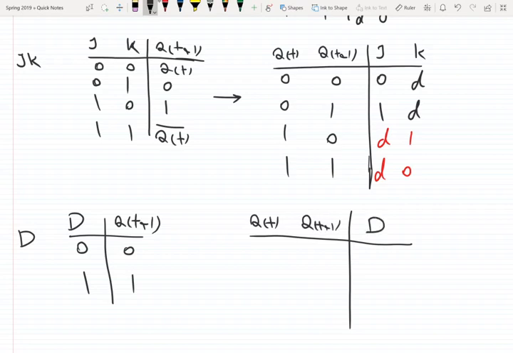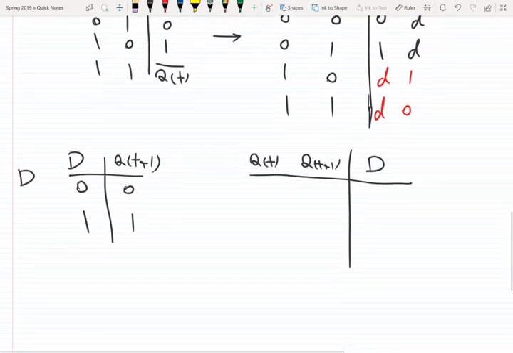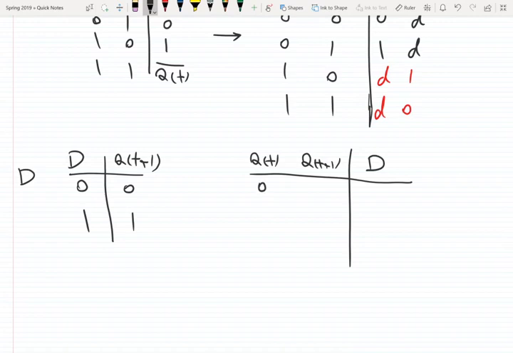You see that for the D flip-flop, the output is not dependent on the previous state of the output, it only depends on the input. Whatever we have in the input moves to the output. So 0 0, 0 1, 1 0, 1 1. Under which conditions is next Q of t plus 1 equal to 0?